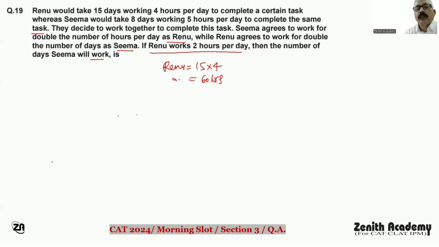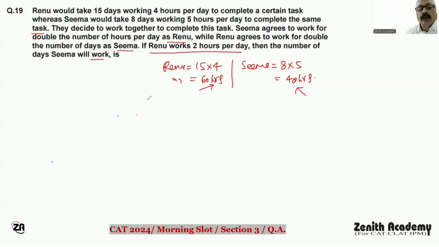So Renu finished the work in 60 hours. And Seema finished the same work in 8 days, working 5 hours daily, which is 40 hours. Okay. So Renu takes 60 hours to finish the work and Seema takes 40 hours to finish the work. It means Seema works faster than Renu.